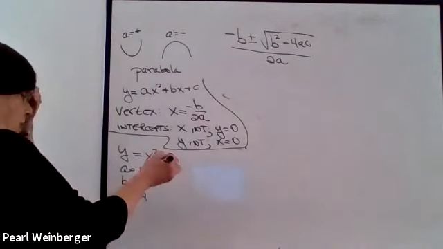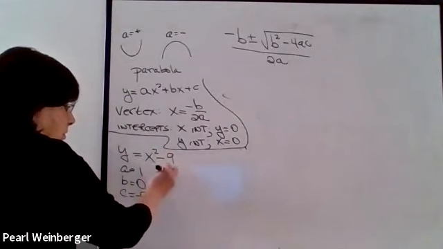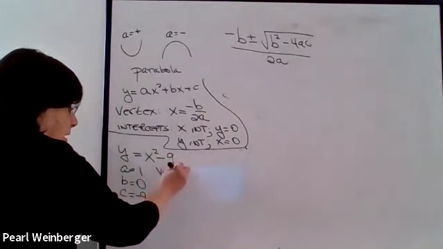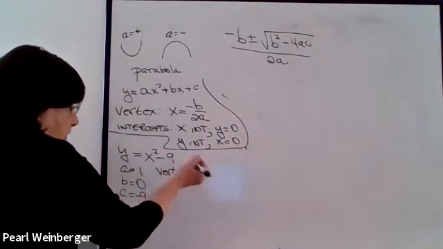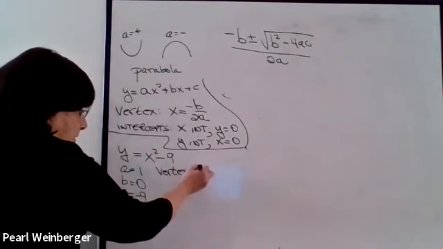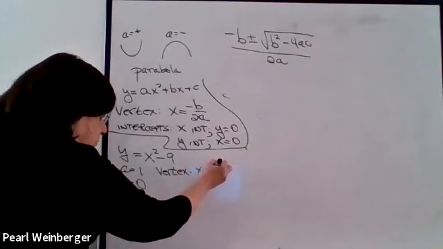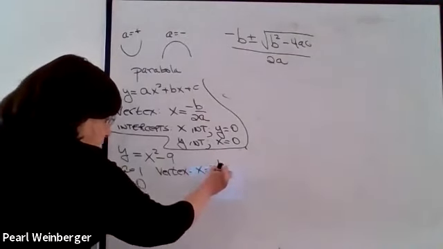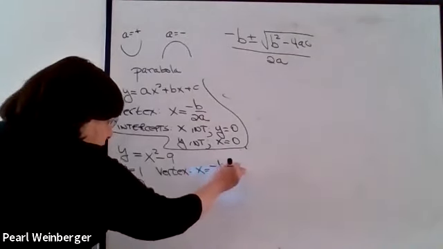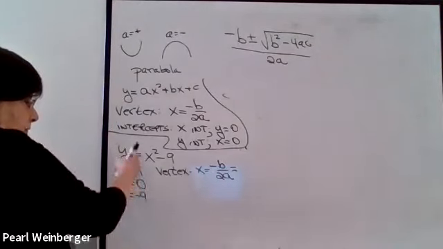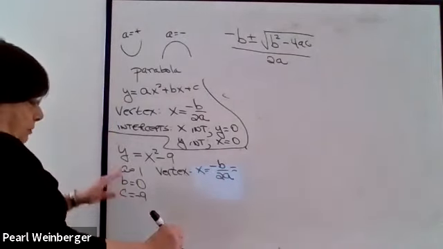So my vertex is going to be, if I want to find what the x is, I'm going to do x equals -b over 2a. Notice those numbers are right handy over here because that's why I like to write them down.